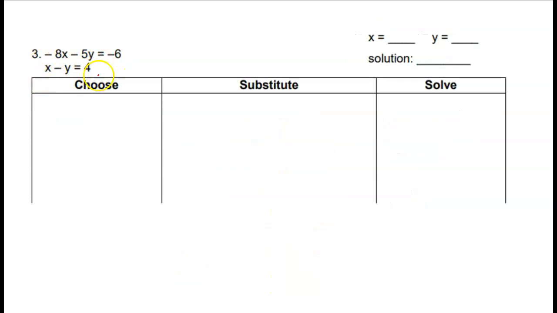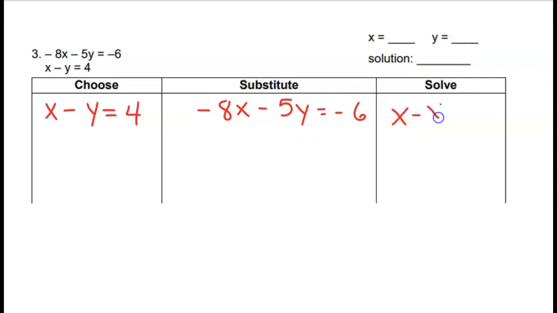Neither of these equations is solved for x or y, so I'm going to choose this equation because it looks like the simplest equation, and then I'll have to use this one next, and then I'll go back to the one I started with.